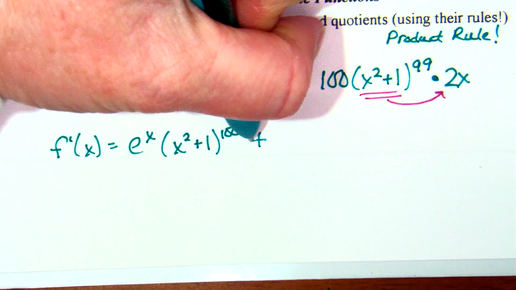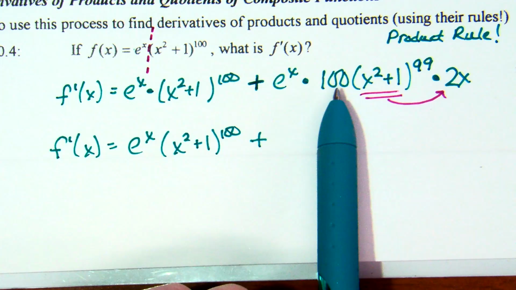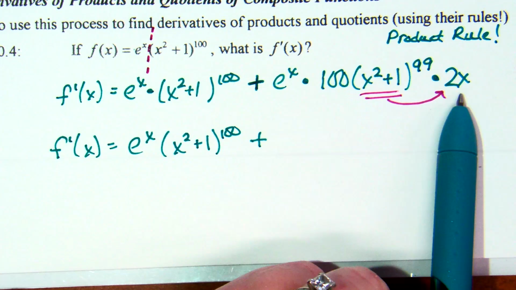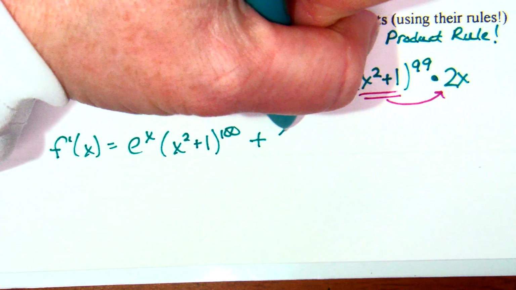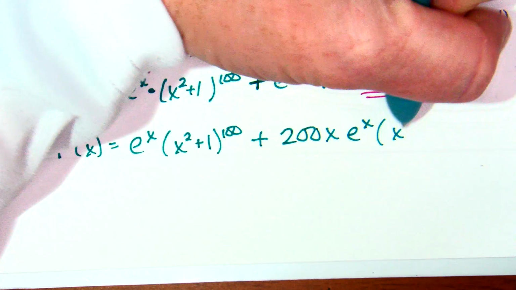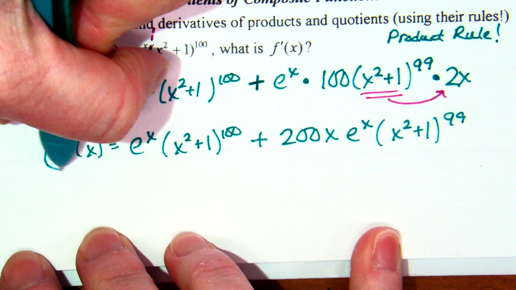If we clean up this second part to make it look a little nicer, the 100 and the 2x can multiply. 100 times 2x is going to be 200x times e to the x times (x squared plus 1) to the 99th. And to be honest, that's probably the answer that you would see in most places.